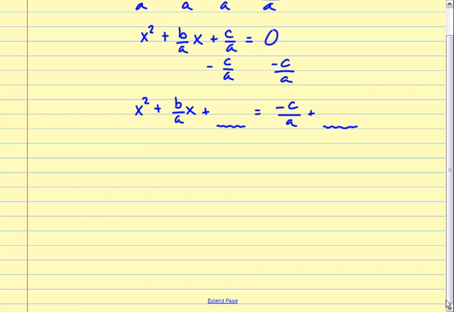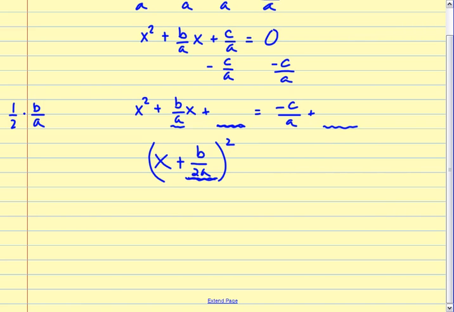Well, remember, I know it's going to be x in the front. How do I find out what this is? This is always the coefficient of the linear term, b over a, times 1/2. It's just half of the x term. So we're going to get plus b over 2a.